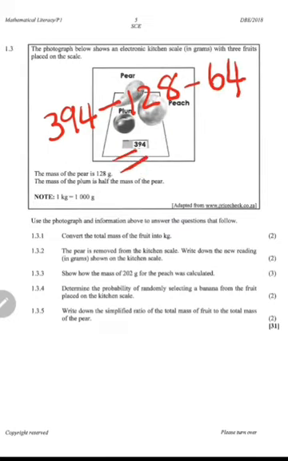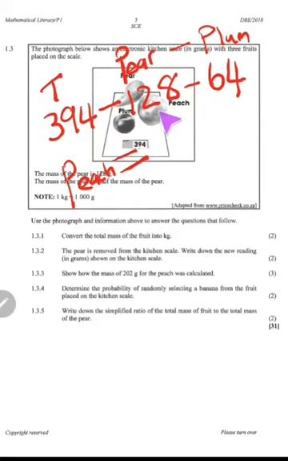So if the full total minus the pear minus the plum, I would get my answer for the peach, and my answer should be the 202 gram if I use my calculator.